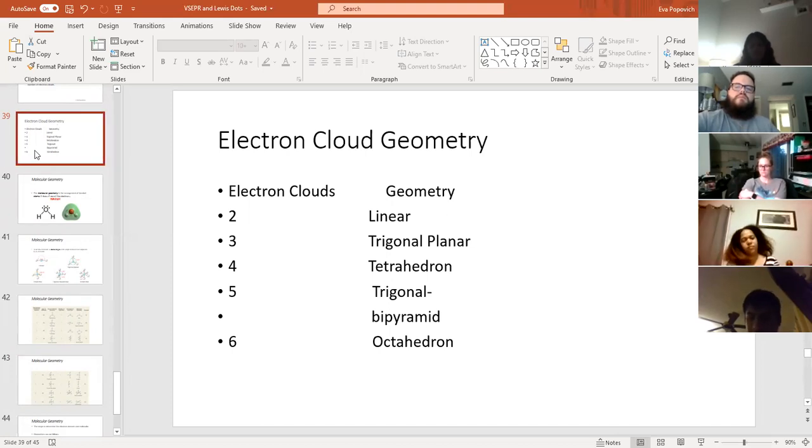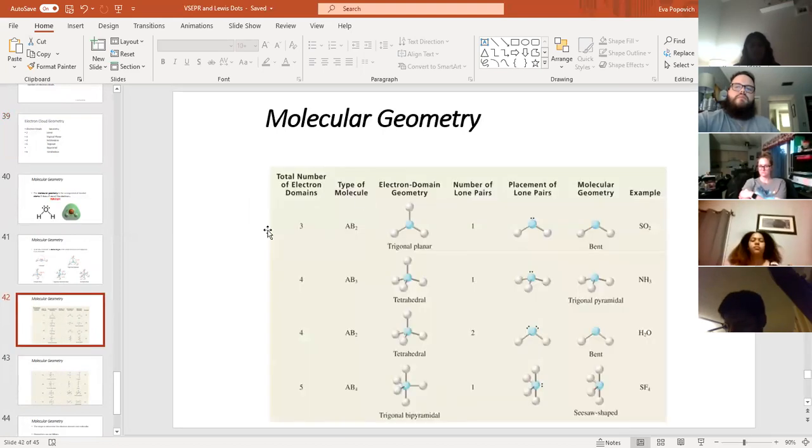Now, if I have 3 electron clouds and they're all atoms, the electronic geometry is the same as the molecular geometry. It's going to be trigonal planar. As long as I have no lone pairs, electronic geometry and molecular geometry are the same.